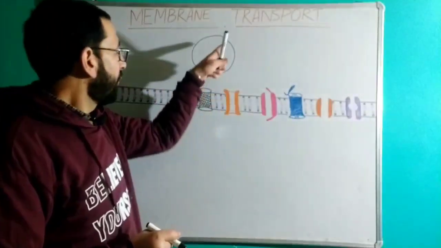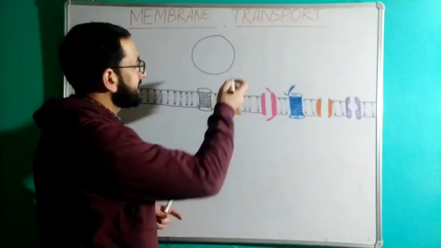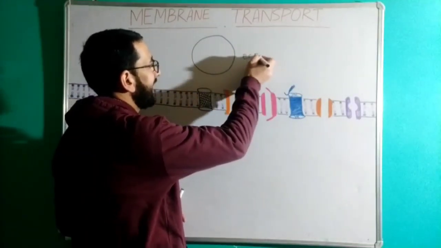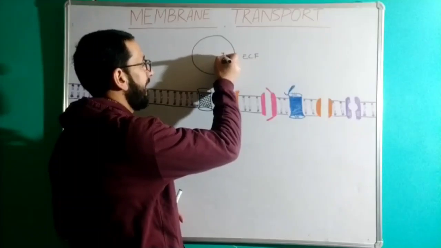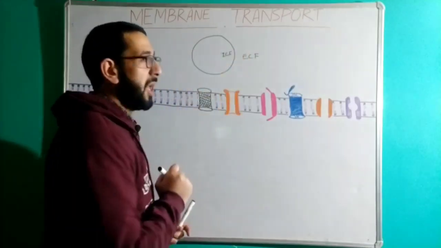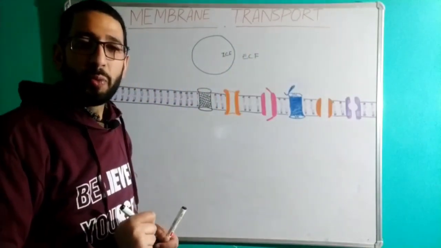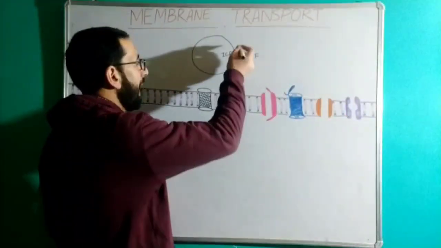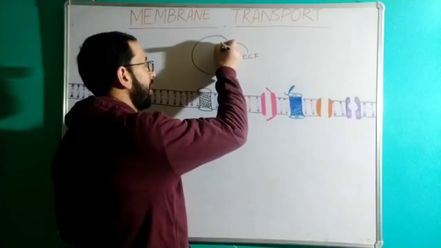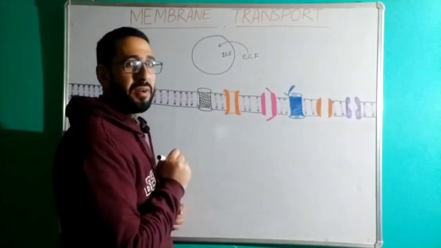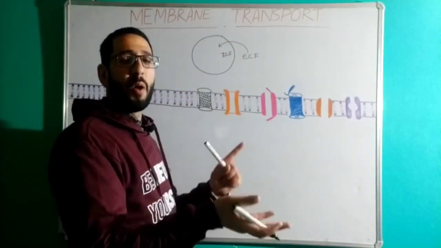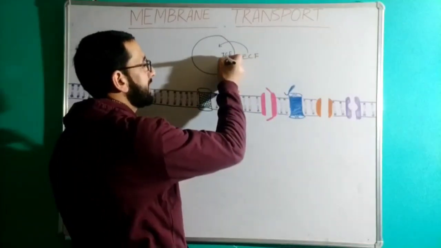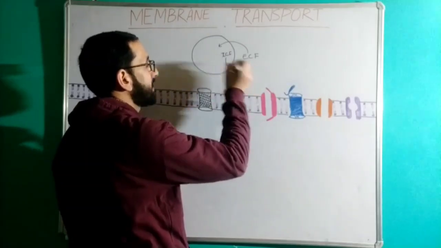Right, so we have the cell membrane. Outside the cell membrane, we have the extracellular fluid, and inside the cell membrane, we have the intracellular fluid. Now, suppose we have to move certain substances across this cell membrane. Either we have to take certain substances from the extracellular fluid into the intracellular fluid, or we can say from outside to inside the cell, or we have to move substances from inside to outside the cell.